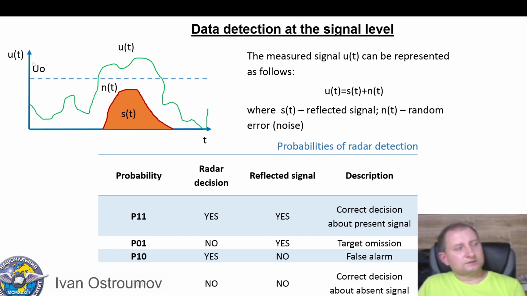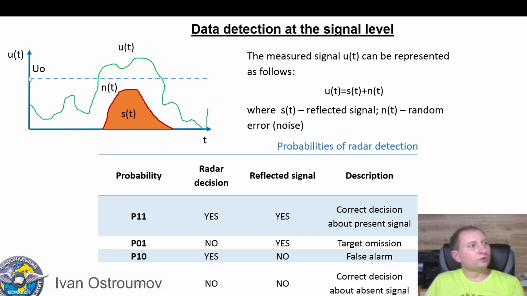The question which I would like to discuss with you today is how we should select threshold value, and what kind of approaches we need to consider when we talk about threshold value for correct signal detection.